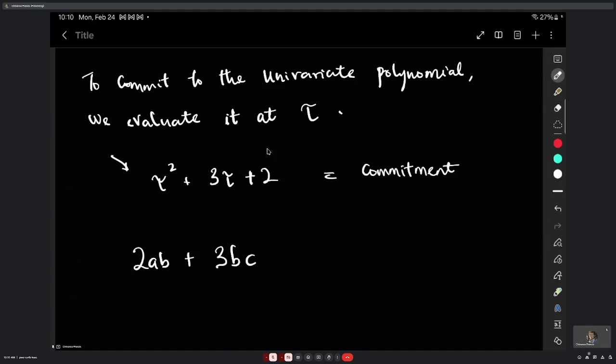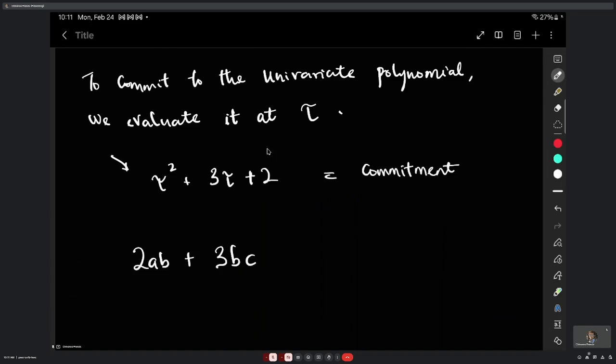Okay, so we have a multilinear polynomial now. It has more than one variable. How can we commit to this? Does anybody want to make an attempt?